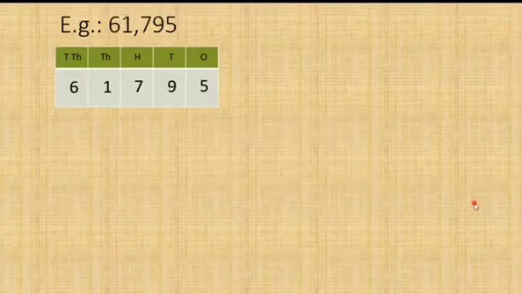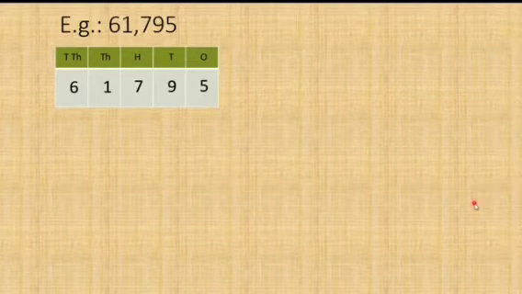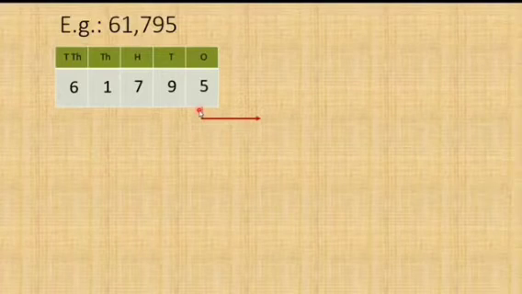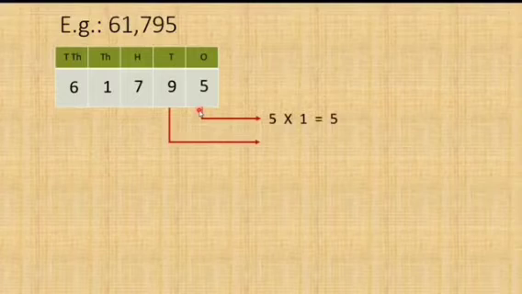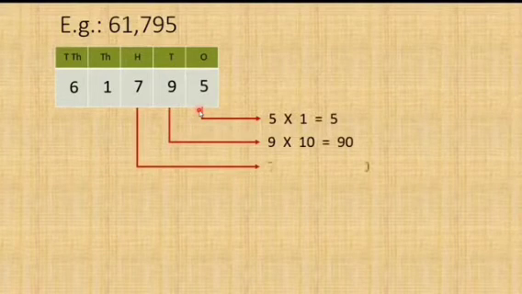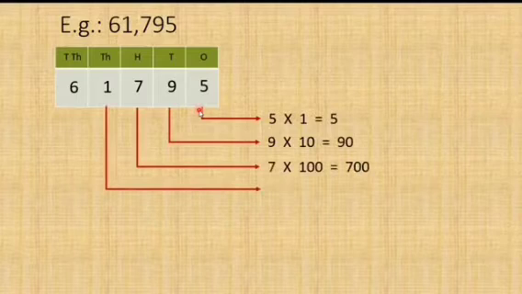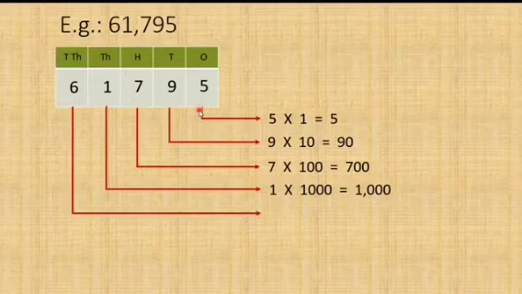Now one more example, 61,795. Again, draw the place value chart, fill in all the digits. Now find out place values of each digit now. 5 gets a value of 5, 9, what's the value? 90, 7 gets a value of 700, 1 gets a value of 1000, then 6 gets a value of 60,000.